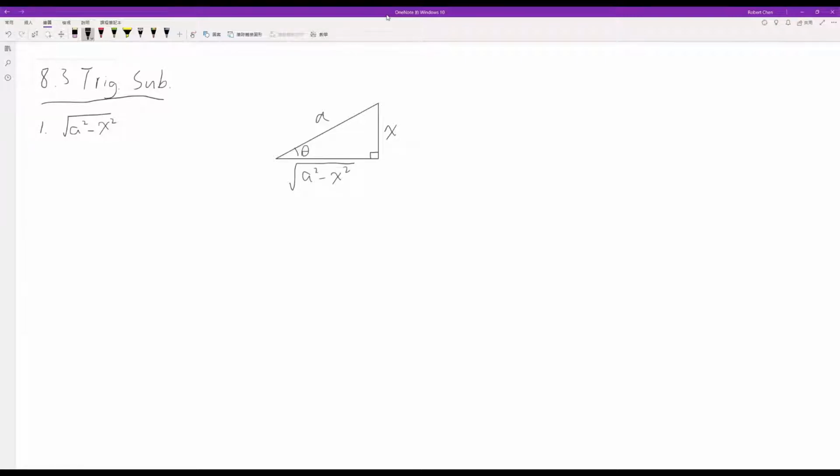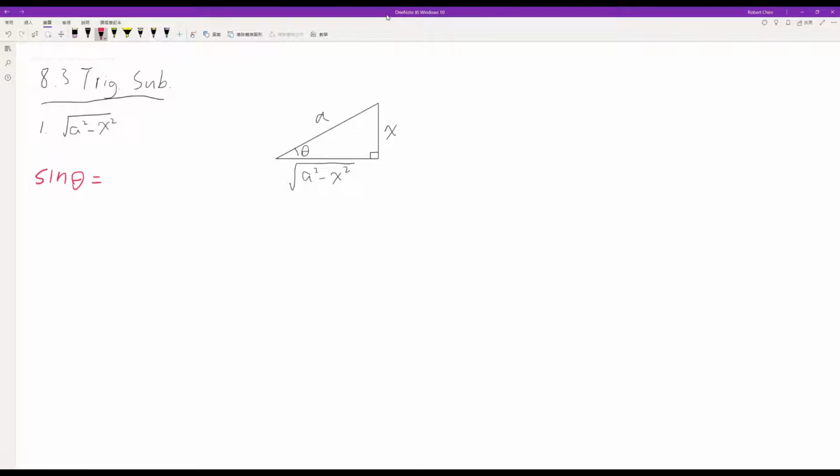Okay, so this leg happens to be what we're looking at in this right triangle. So we're gonna play around with this and see what we can do with it. So first, let's let x be equal to, actually no, we're going to look at sine theta first.